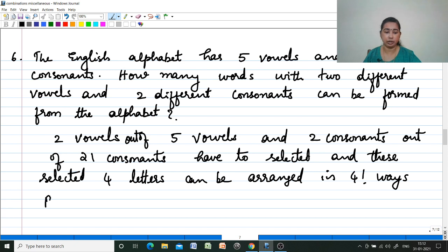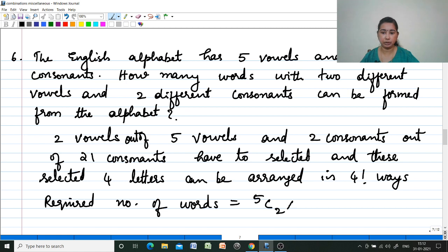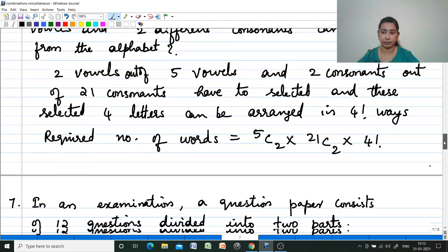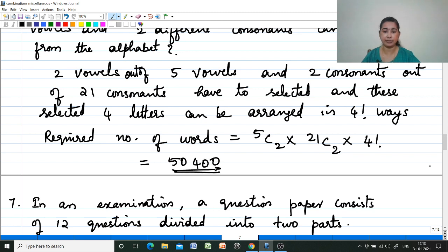So the required number of words is equal to 5C2 into 21C2 into 4 factorial, which is equal to 50,400. That many words we can make.